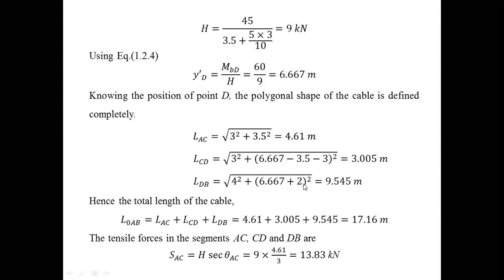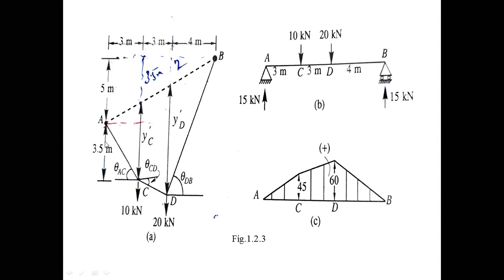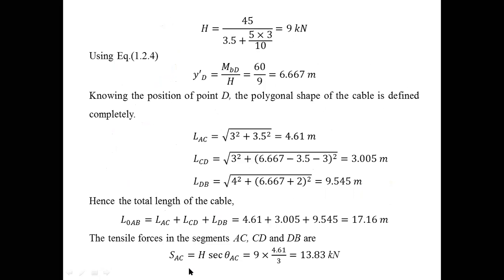Now, once you know the length, you find the individual tensile forces of the segments. So how much tensile force in the segment AC, how much tensile force. Horizontal reaction is same for all cables, but tensile force is not same. Remember, okay na? So what is the tension carried by segment AC cable, and what is the tension carried by the segment CD, and what is the tension carried by the segment BD? You can find it by geometry.